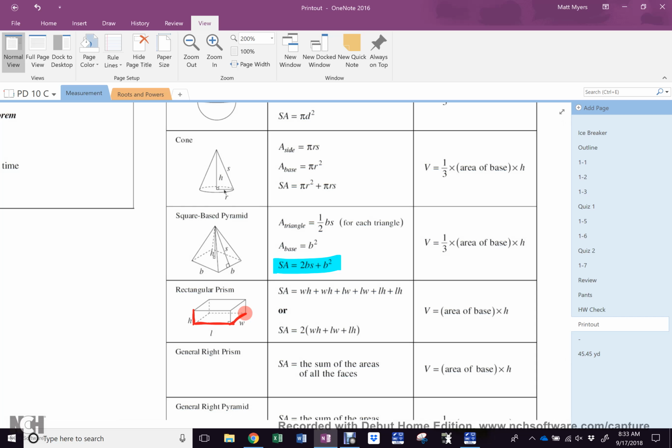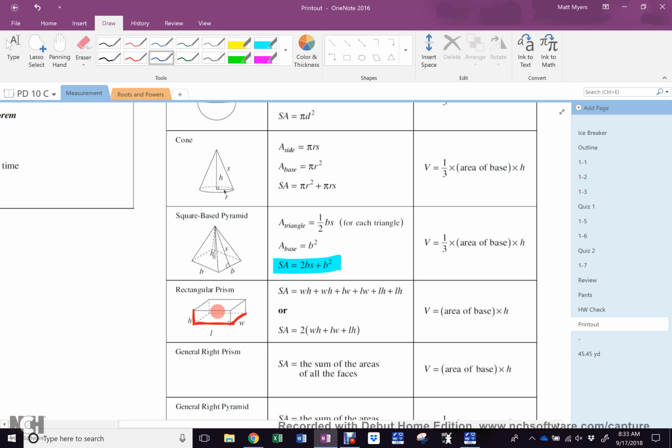Right? What makes this a pain is when you call something height and you insist that it is up and down. Does everybody understand? It does not matter. When I lay the cereal box down, you're going to call this the height. If I stand the cereal box up, you're going to want to call this the height.